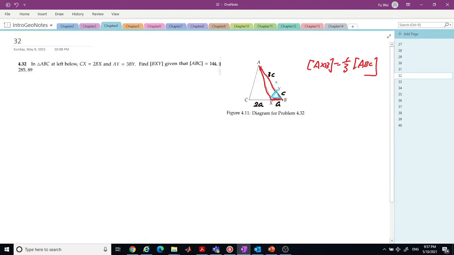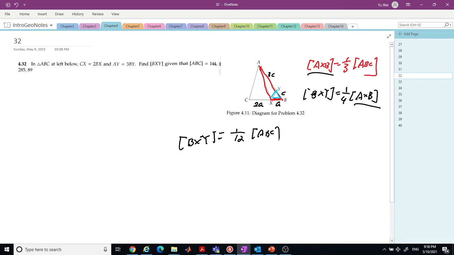The triangle BXY is just 1/4 of the triangle AXB. Here is the XB, here is the XB, so you can see BXY is equal to 1/12 of the triangle ABC, which is 144 over 12, equal to 12. Next.